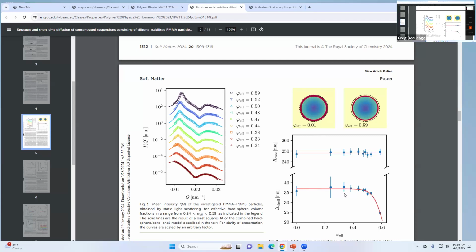I think this is 35, and I think the size is less than 10. So there's at least 4 PDMS coils in the diameter of that thing. That means 4 coils away, that chain isn't attached to the PMMA, it's just sitting there like paint on the PMMA.